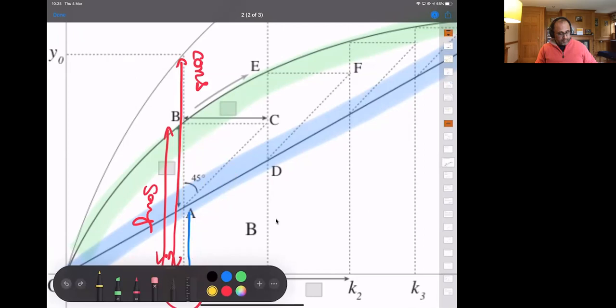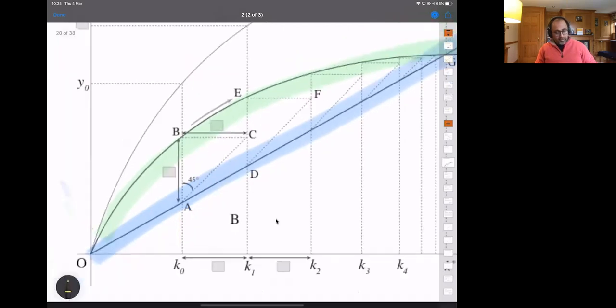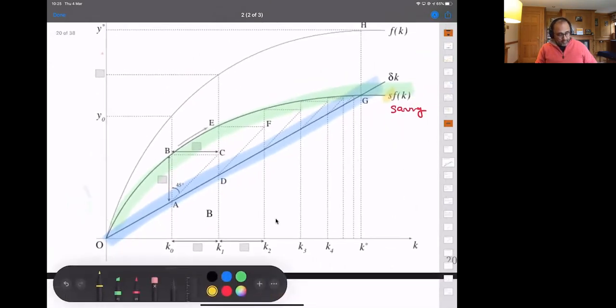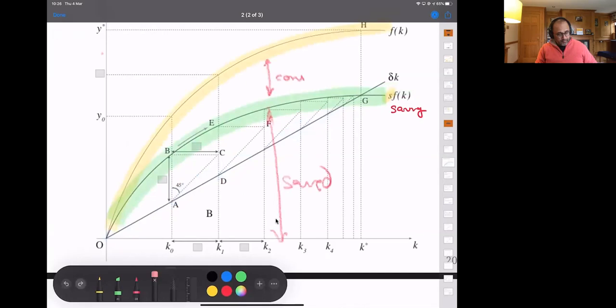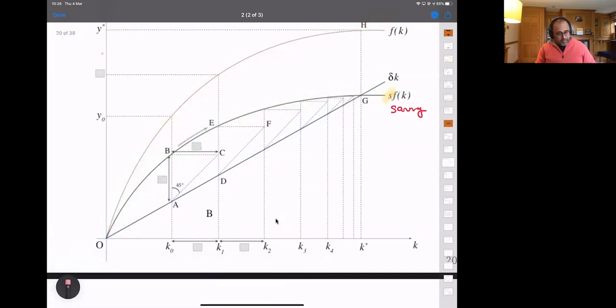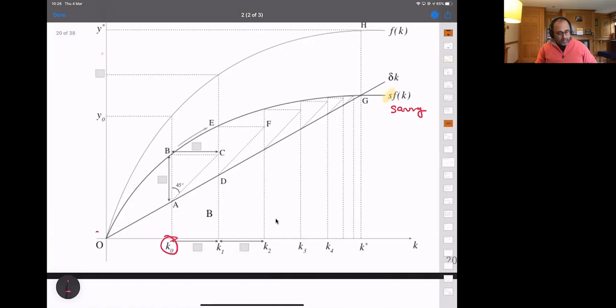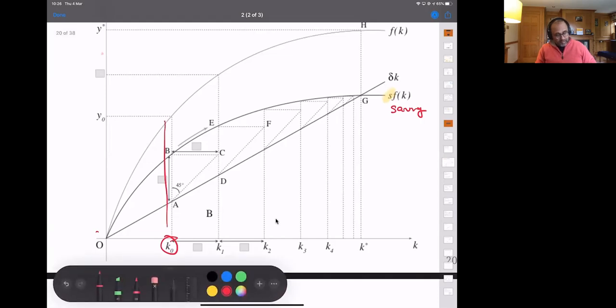Let's remove all this. I think this is a fun diagram, or at least I find it fun. So now, if we start from K0, this is the amount which was total output that was produced.